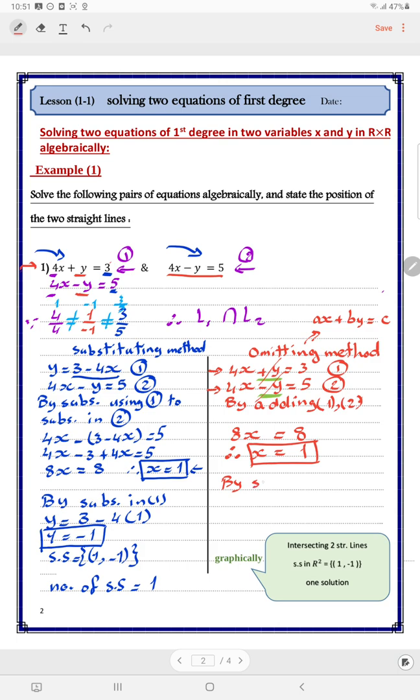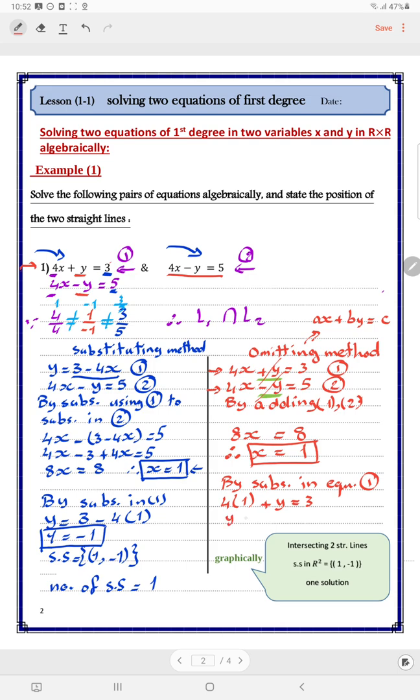By substituting in equation 1, x equals 4, so 4 plus y equals 3.